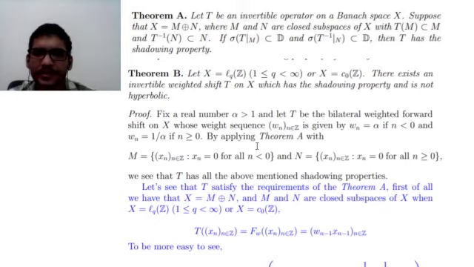By applying Theorem A with these subspaces M and N of X, we see that T has all the above mentioned shadowing properties.